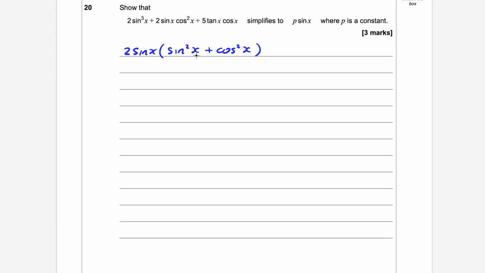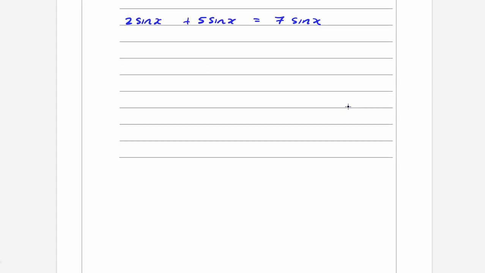That's the Pythagorean identity. Plus 5 tan x, guys, is sine over cos. So it's 5 sine x over cos x, that's tan x, times cos x. Now, these two cancel. So I'm left with 2 sine x times 1 plus 5 sine x, which equals 7 sine x. And that's it. Question 20.